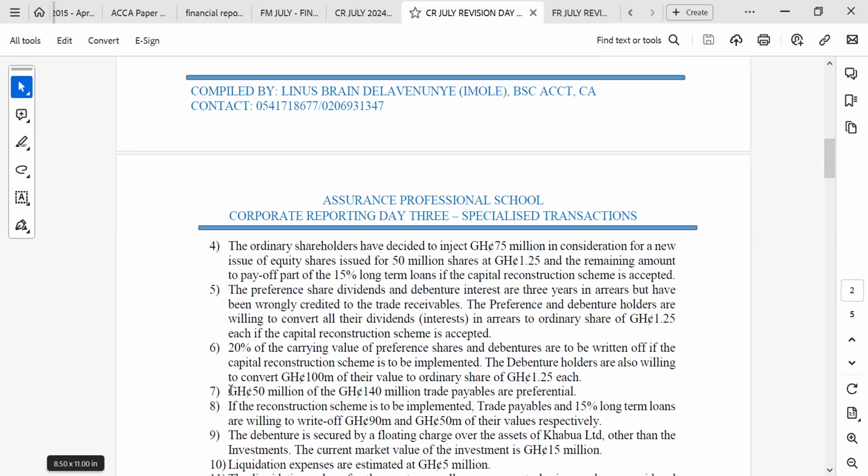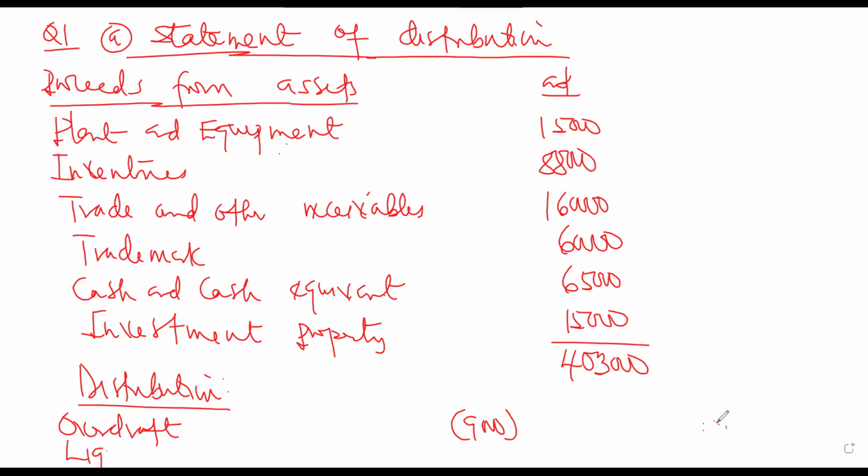Then after the secured loan or secured overdraft or anything, the next thing should be liquidation expenses before you move on to the preferential debt. Okay, so we have the preferential securities. So we have the liquidation expenses.